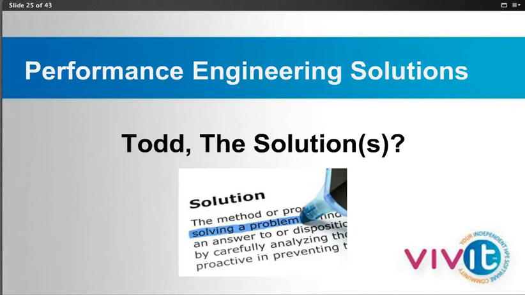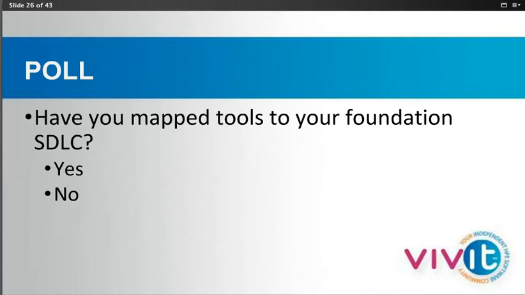There's a lot of different solutions that we could dive into. Unfortunately, I think most people immediately go to tools, and what does that look like? So as we think about a foundation around an SDLC, and then talk about performance engineering and some defined enterprise standards, immediately I want to go to, we probably already have some of these assets. That's what this poll is going to be around: have you mapped tools to your foundation SDLC?